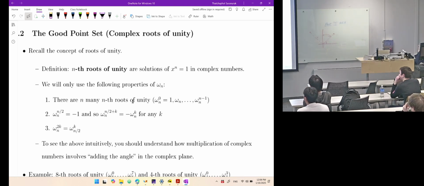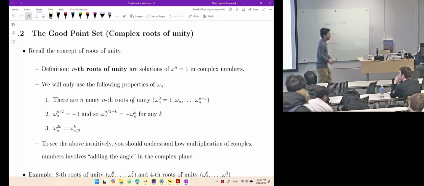Basically, how many solutions are there for x to the n equals 1? There will be exactly n solutions. Start with 1, since 1 to the n is 1, but then another one is omega n, which is something in the complex plane.